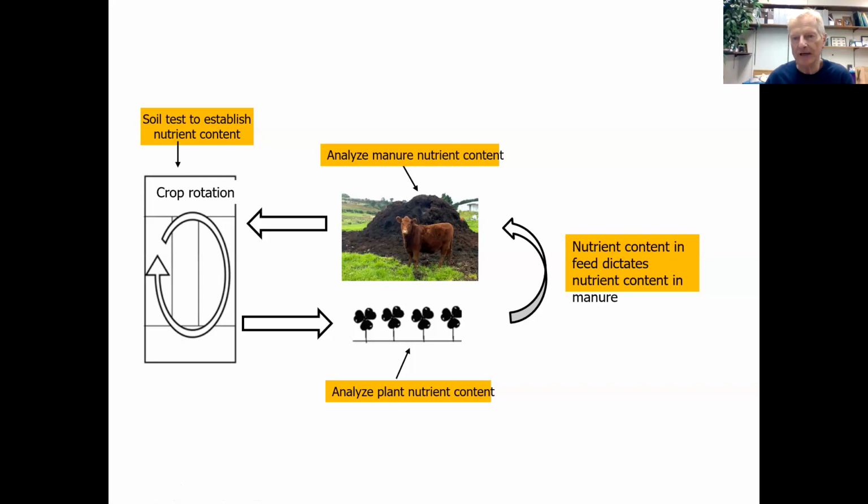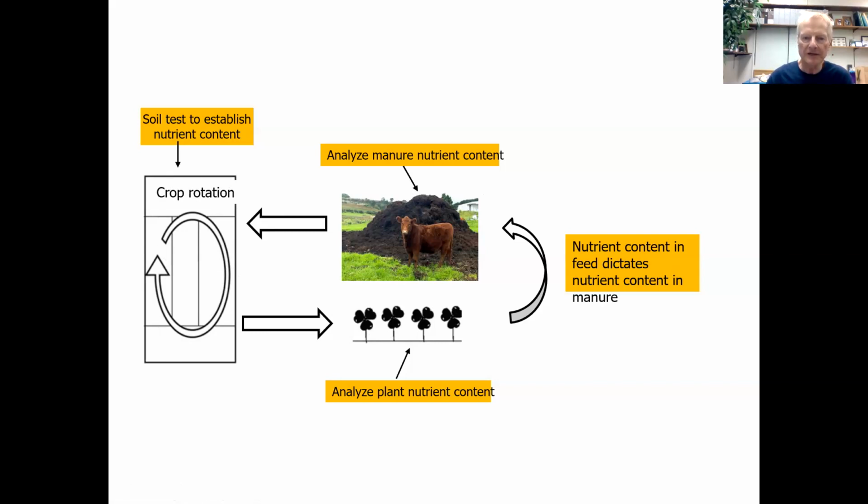And that means we're going to have to use a higher rate of that manure on our fields. So by becoming scientific about it, what we need to do is know the nutrient status of the soil. We need to know the nutrient status of the pasture plants, and we need to know the nutrient status of the manure.